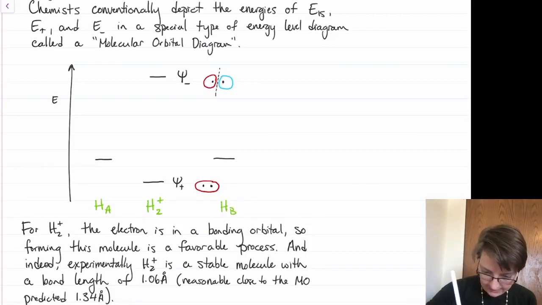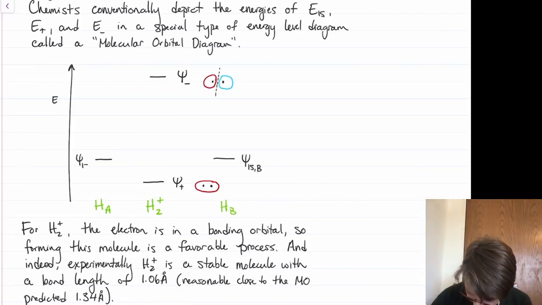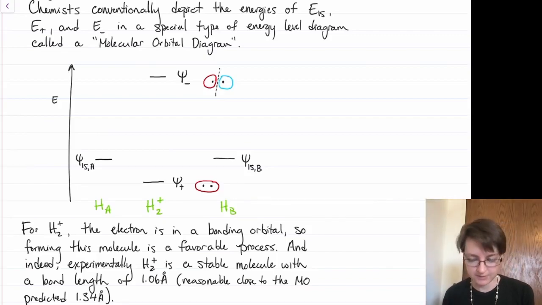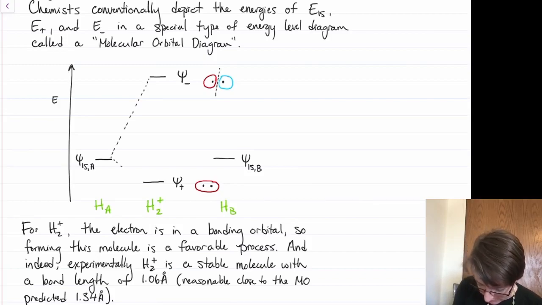And the last things that I need to do for this diagram is, one, I need to label my other wave functions. Two, by convention, any orbital that forms as a linear combination, you use dashed lines to indicate that that atomic wave function is contributing some of its character to the orbital.